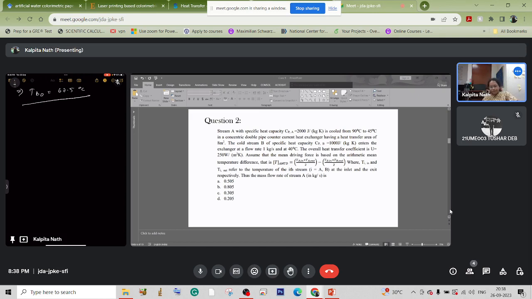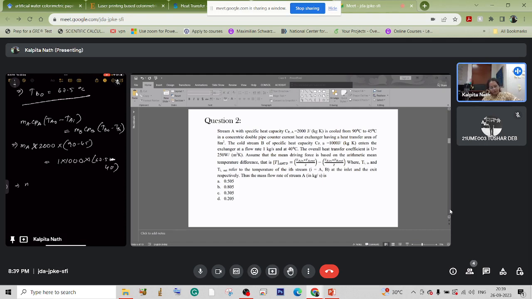So now MA CPA (TA in minus TA out) is equal to MB CPB (TB out minus TB in), or MA into 2000 into (90 minus 45) is equal to 1 into 1000 into (67.5 minus 40).